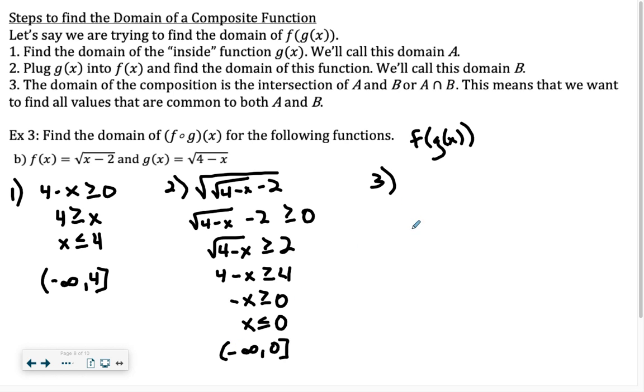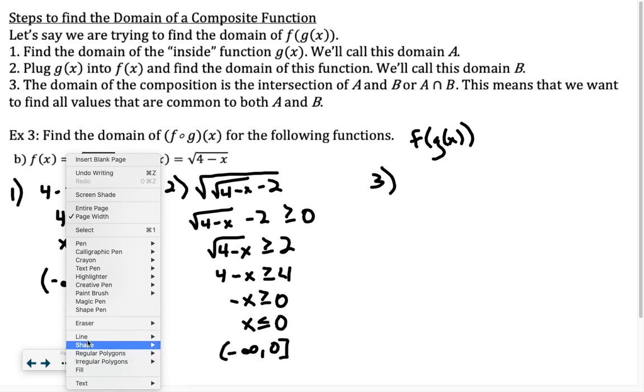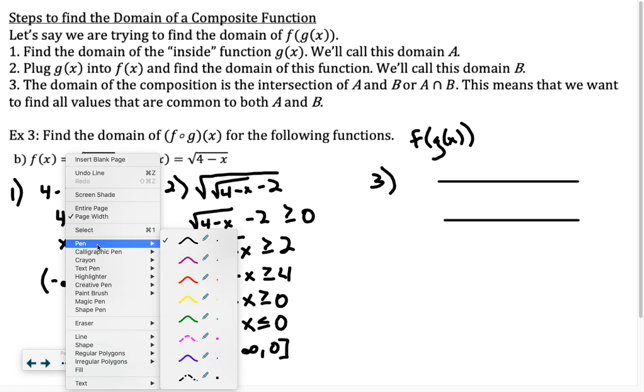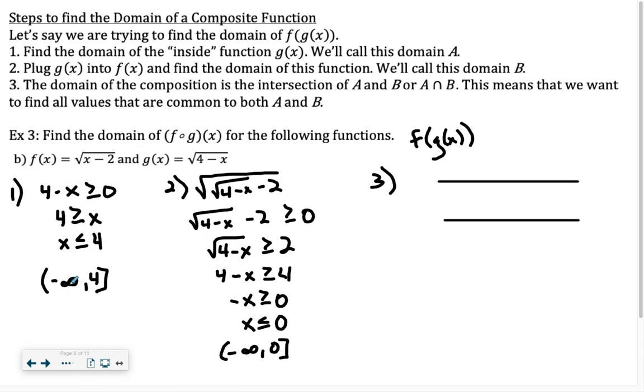All right? Now, we talked about in the last video that it may be helpful to actually draw this out. Okay, so let me draw out a couple of number lines here. So I'm saying that the first one, I'm starting at 4, and I want everything to the left of that.